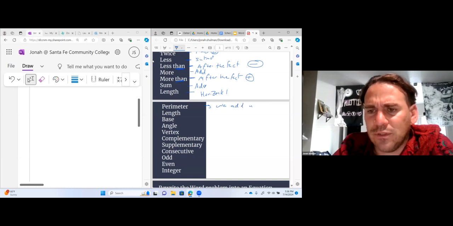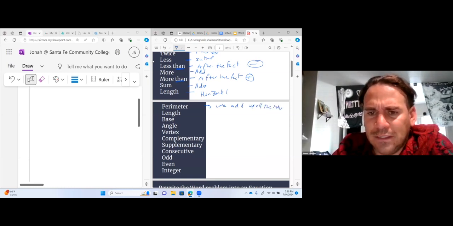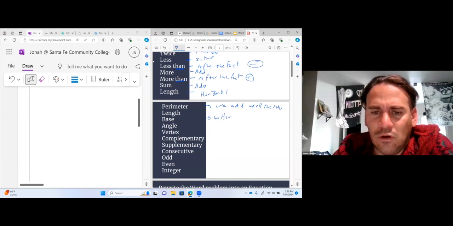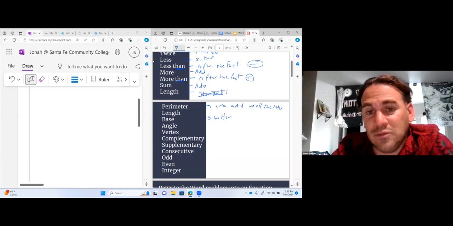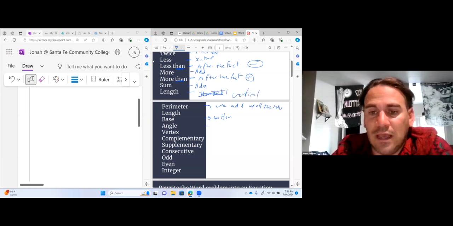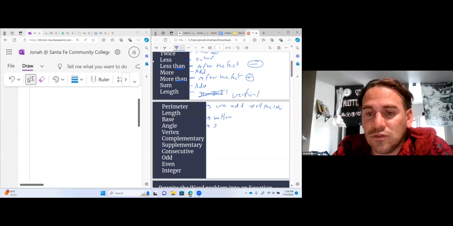I'm going to try a couple of these. Base is the bottom. So length could be, I guess we can go vertical with it actually, depending on what it says. And angle is 2 rays with a common endpoint.